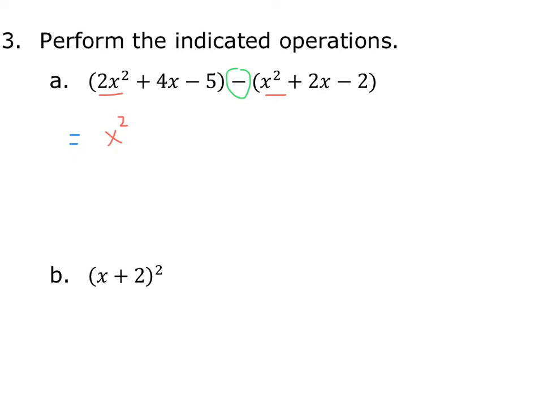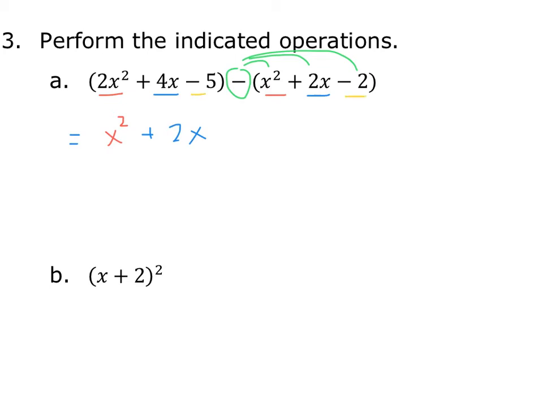Now let's combine the x terms. We have 4x minus 2x, remembering that the negative applies to all three of these terms in here. So we have 4x minus 2x, that's going to give us plus 2x. And then finally, let's combine the constants. We have negative 5 minus negative 2.